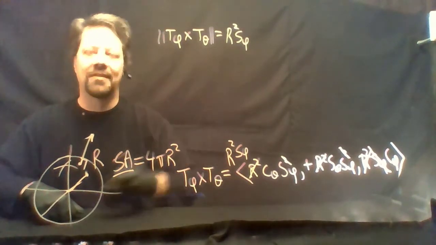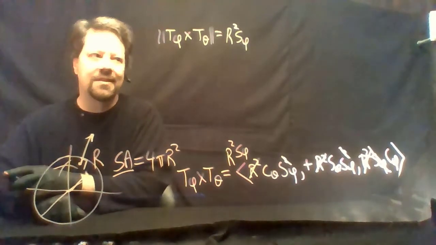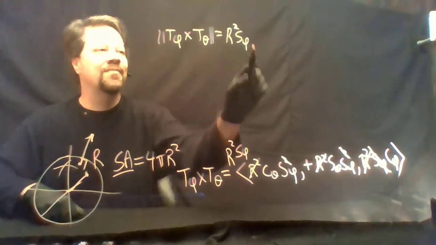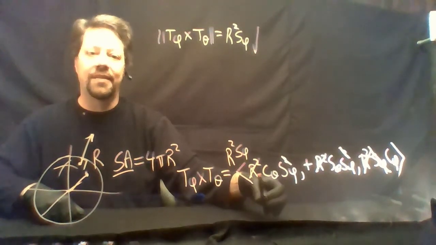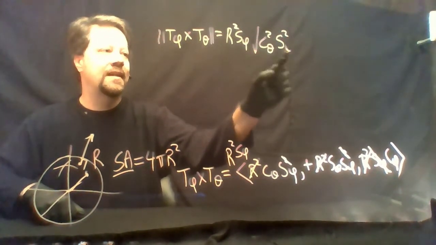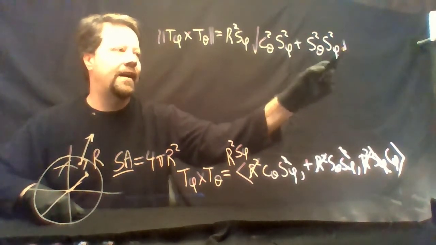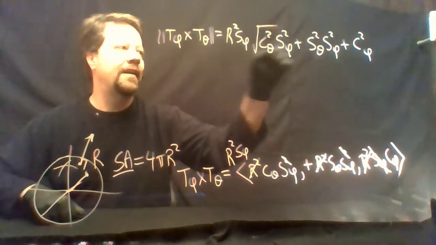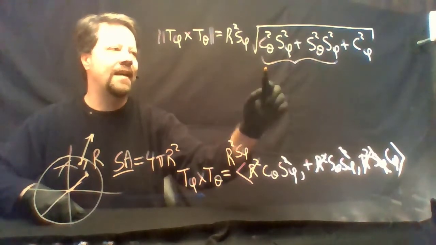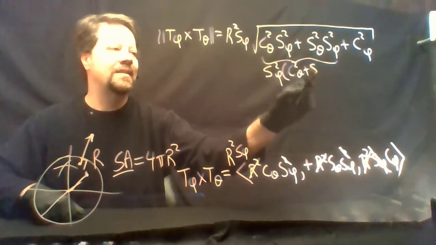That too will come out, since after all phi goes from 0 to pi, first and second quadrants. Sine is positive in those quadrants, so we don't have to worry about an absolute value. We take the square root of the sum of the squares of everything that's left. That's cosine squared theta sine squared phi plus sine squared theta sine squared phi plus cosine squared phi. Now, on the first two terms under the radical, we can factor the sine squared phi out and get cosine squared theta plus sine squared theta.